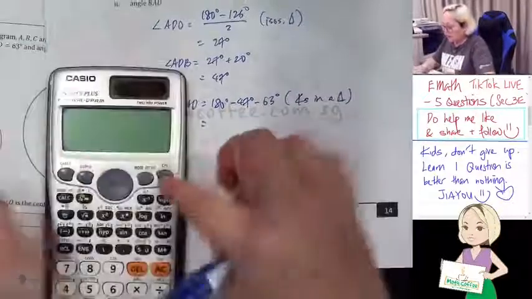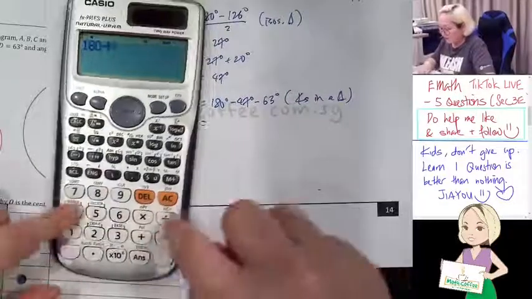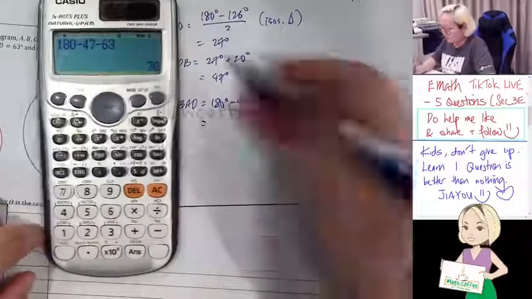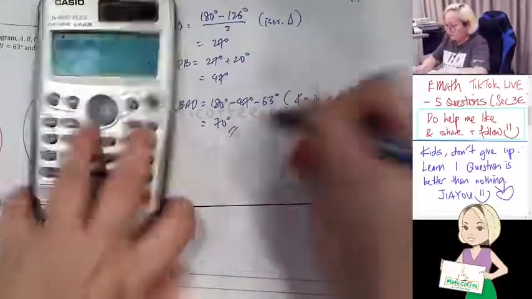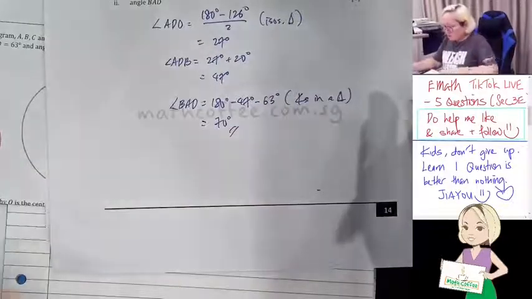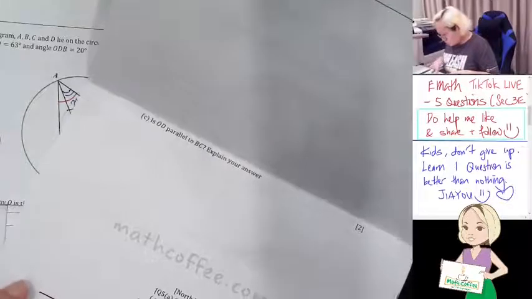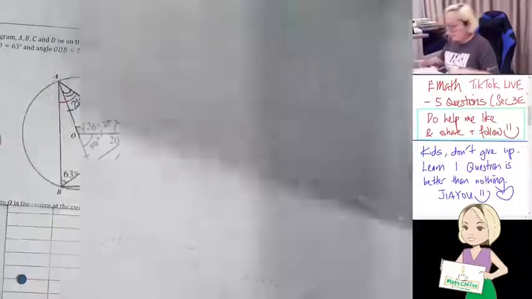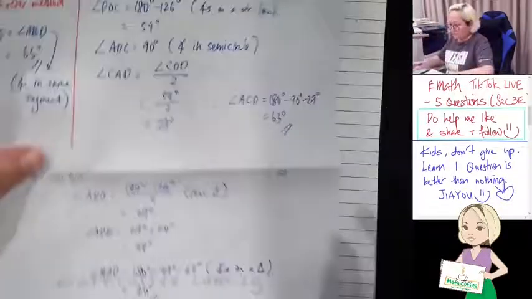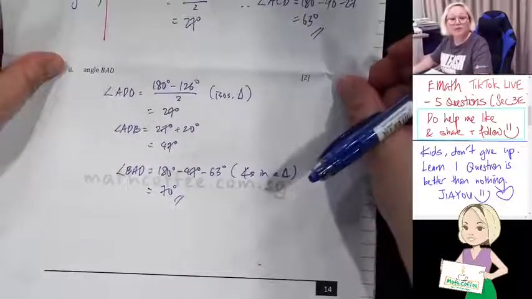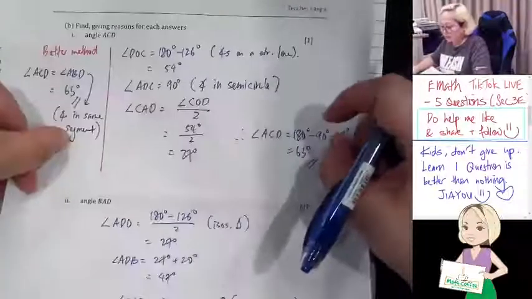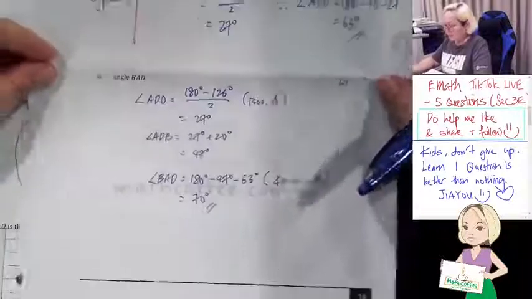So 180 minus 47 minus 63 gives you 70 degrees and you're done. So we are done for this part. Still got one last page, last two parts. Yes, 70. Thanks, Raphael.